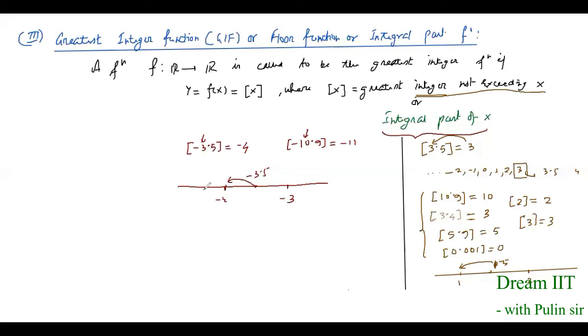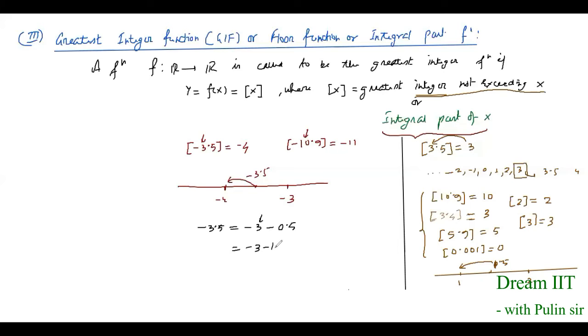When we talk about the decimal part, it should always be positive or 0. So whenever you are talking about the number minus 3.5, actually you are talking about minus 3, minus 0.5. So you will not call this the integral part until this part is made positive.